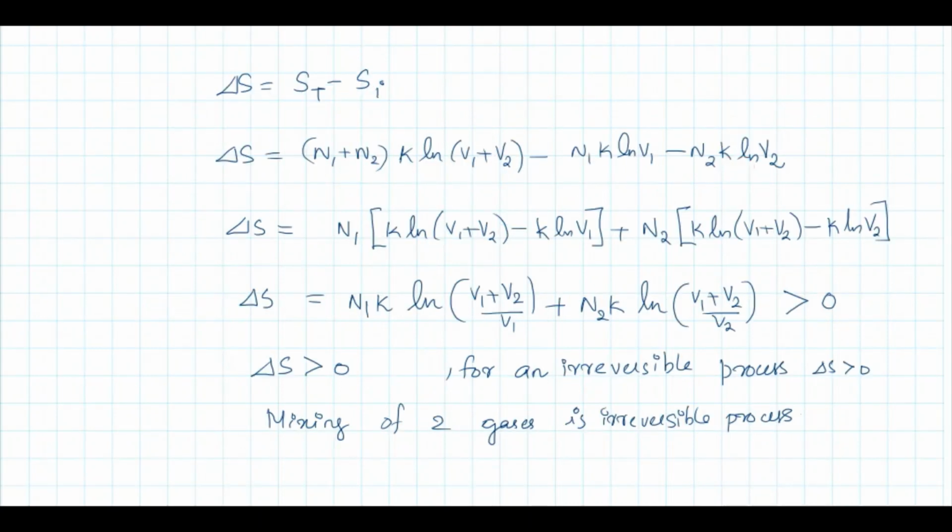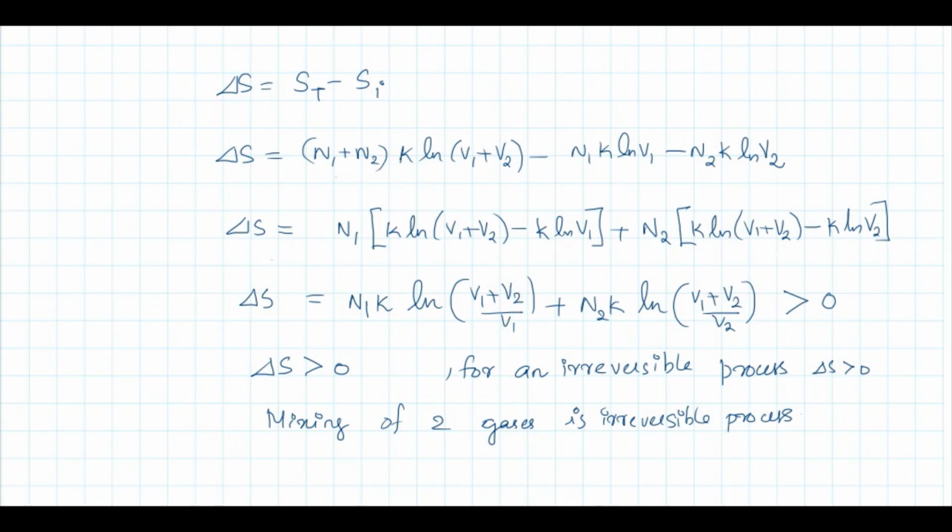All others will cancel. So delta S, I can write it as N1 k log (V1 plus V2), minus N1 k log V1. Take N1 outside: the first term will be k log (V1 plus V2) and this term will be minus k log V1. Similarly, you have here N2 k log (V1 plus V2) and N2 k log V2. Take N2 outside. Then N1 k times log a minus log b is log a by b, so log (V1 plus V2) by V1.